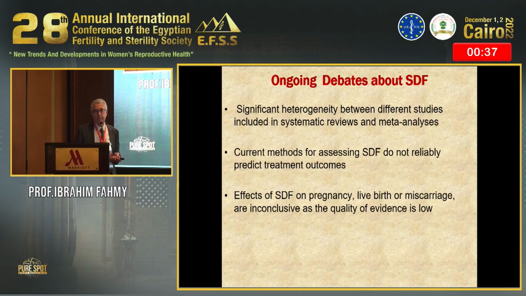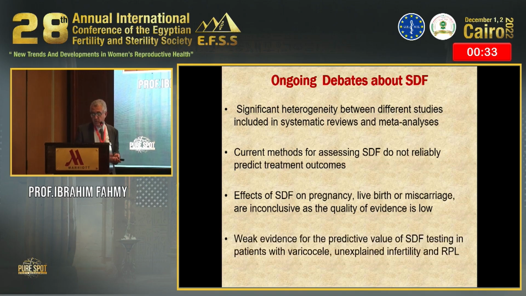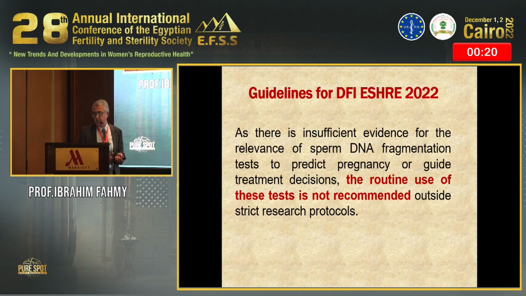There is a trend to be better, but the evidence is low. And there is weak evidence for the predictive value of sperm DNA fragmentation testing in patients with varicocele and unexplained infertility. So still, it's a debatable subject.